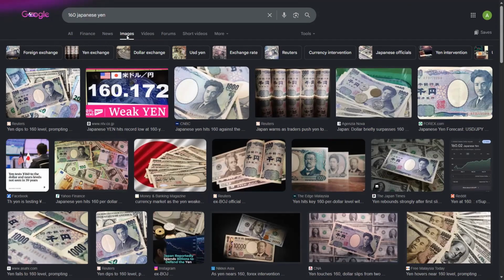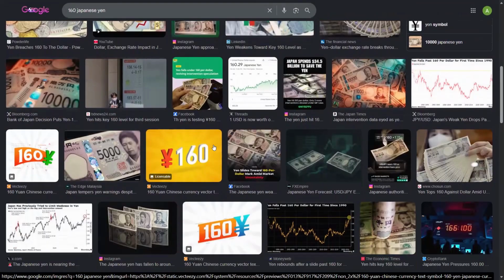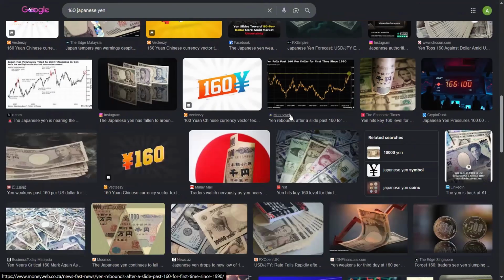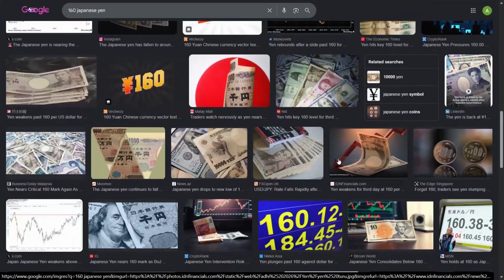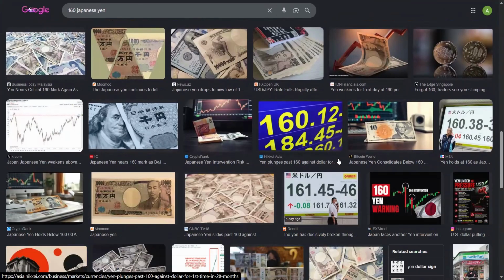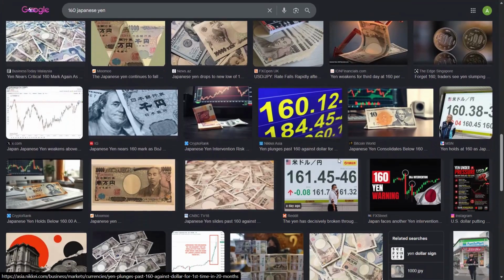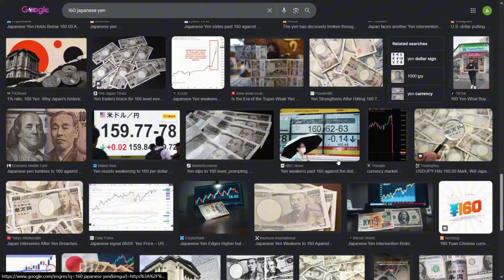Their currency is one of those currencies that have large numbers, like 10,000. You can find the economy is doing well, but you see 160 and you think it's bad.